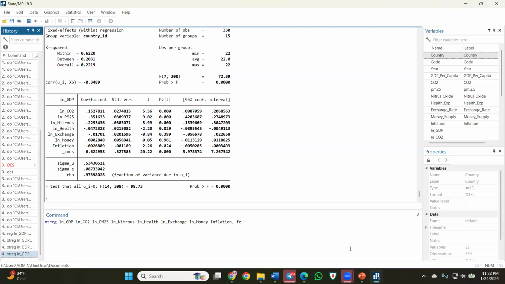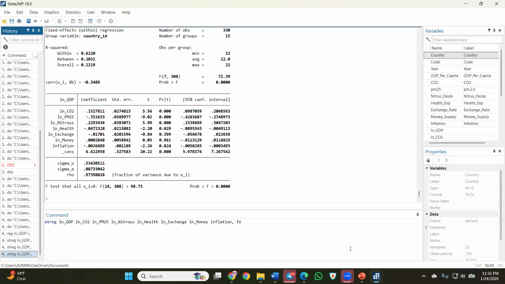So if you want to account for those unobserved differences or unobserved heterogeneity, then you use the random effect.